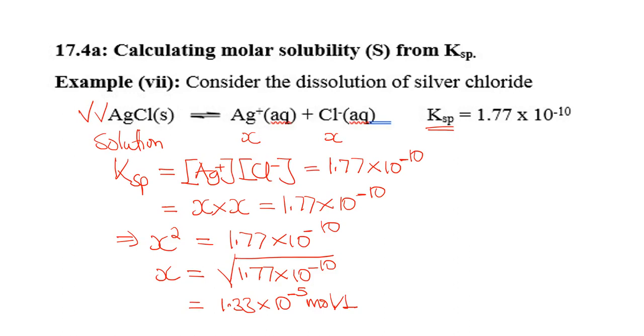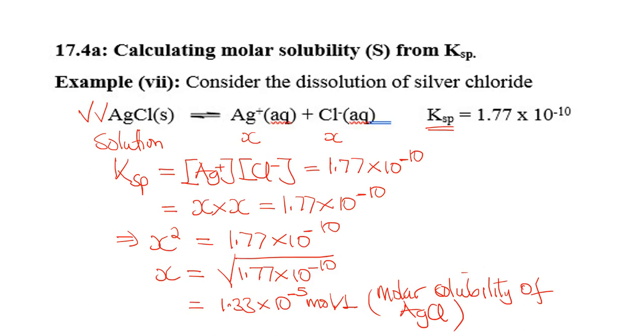So that is the molar solubility of AgCl. That's how we calculate molar solubility when we are given a 1-to-1 equation like the one shown above.